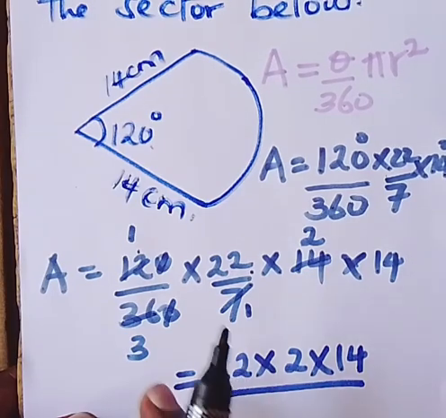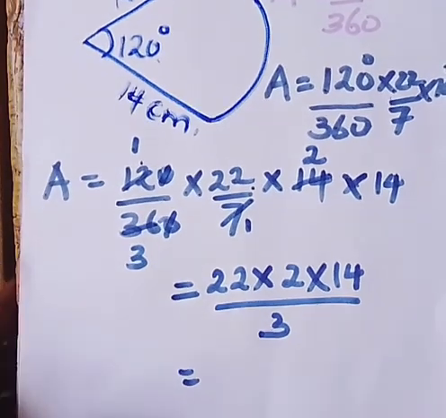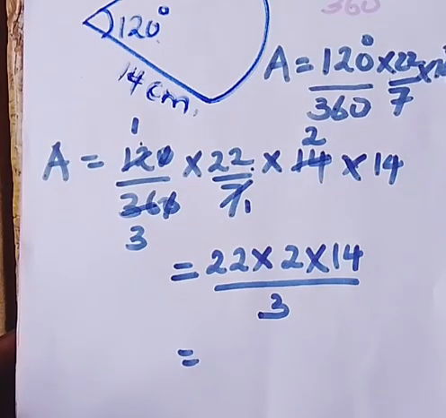Then over 3 times 1, which is just 3. Now can we multiply the numerators? You will say it is 22 times 2 times 14.